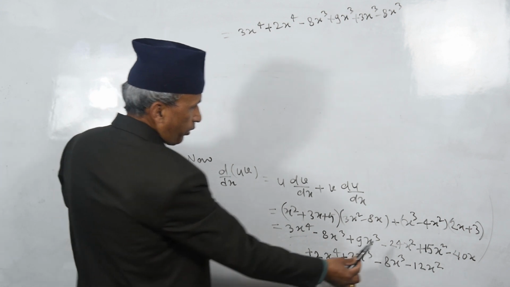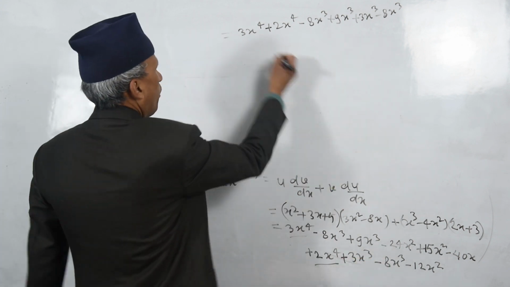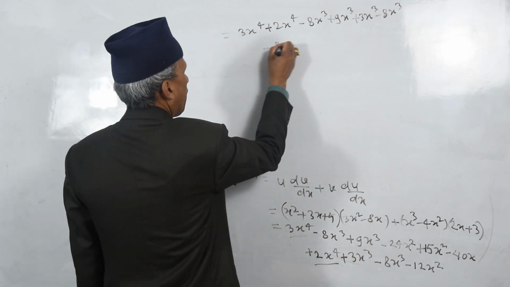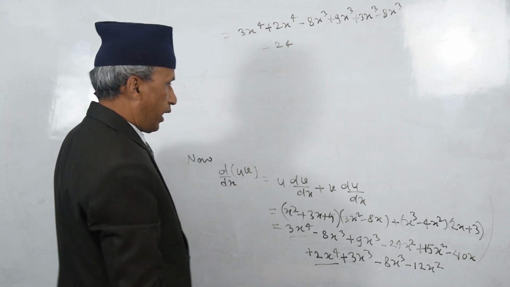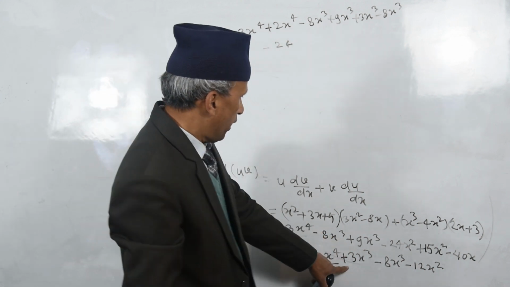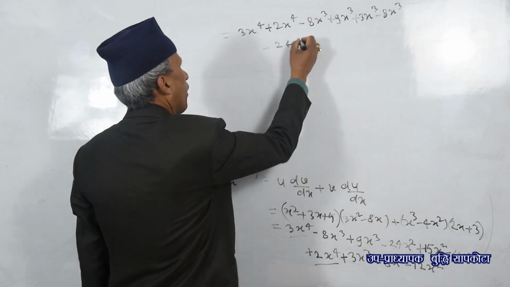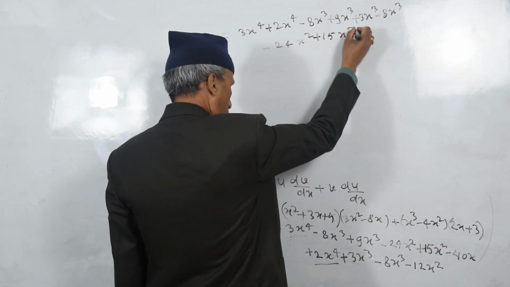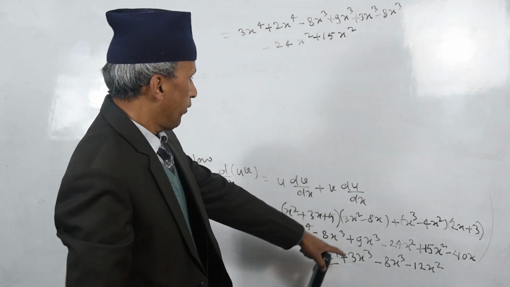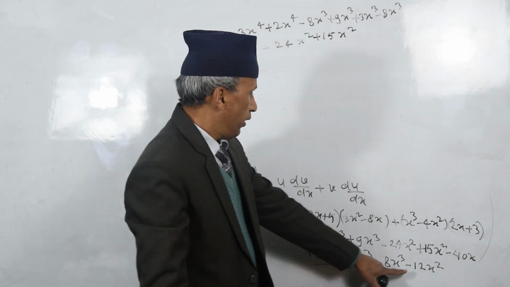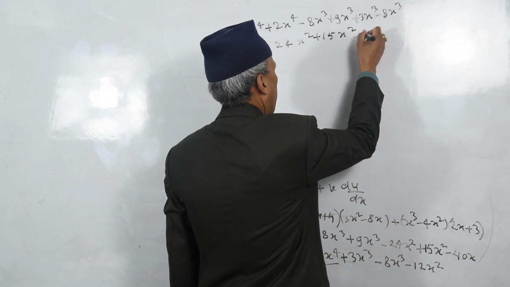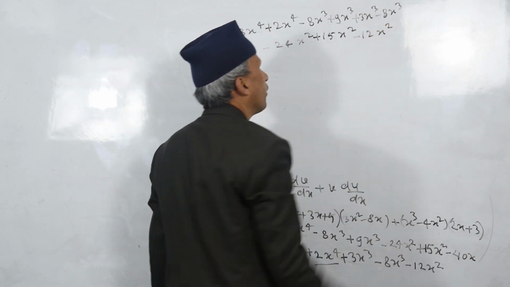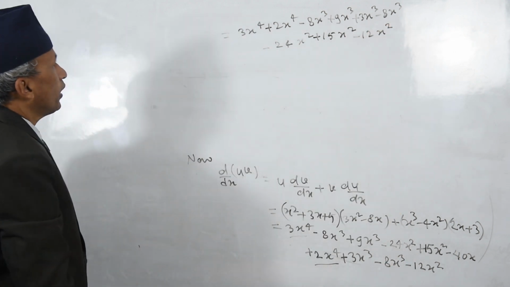Check the terms with power 2: minus 24x square, 15x square, and then 12x square. Okay, so these are the terms.